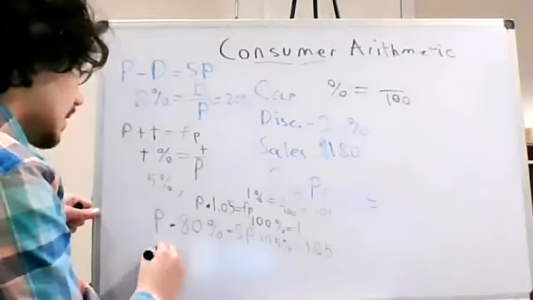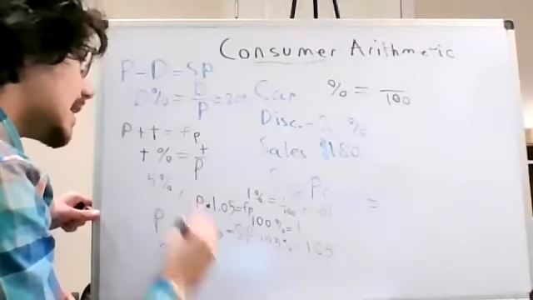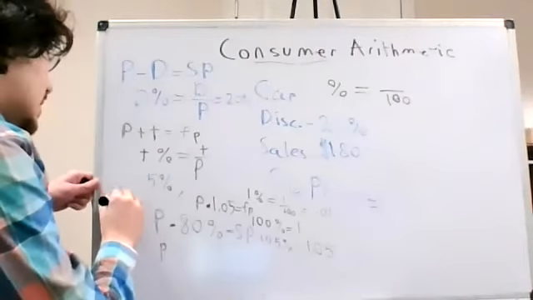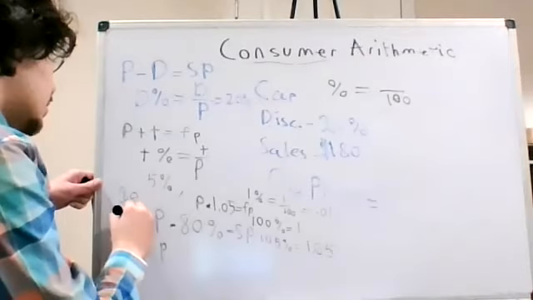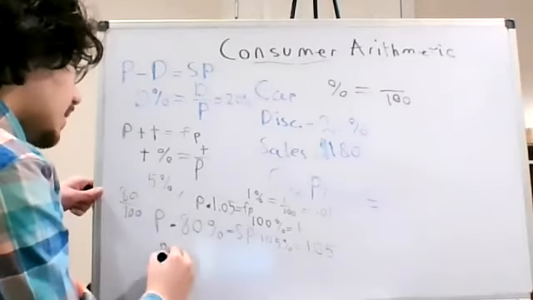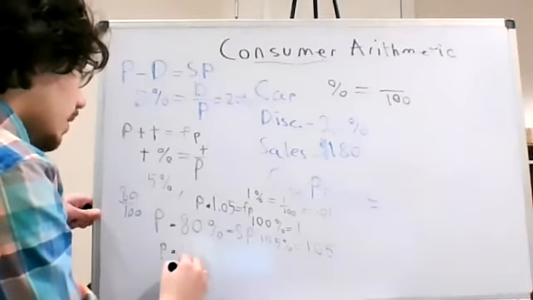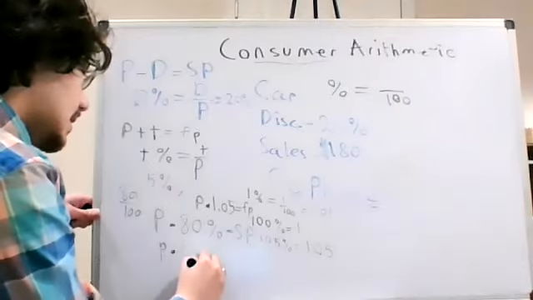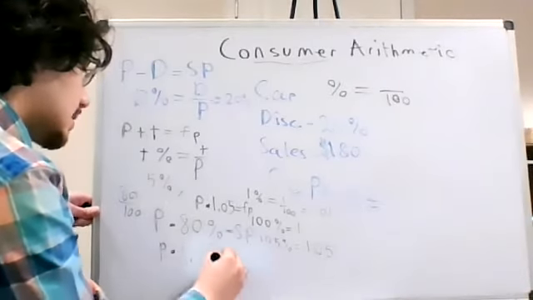Or in other words, since 80% is 0.8, which is the same as 80 over 100, we could say P times 0.8 equals our sales price.